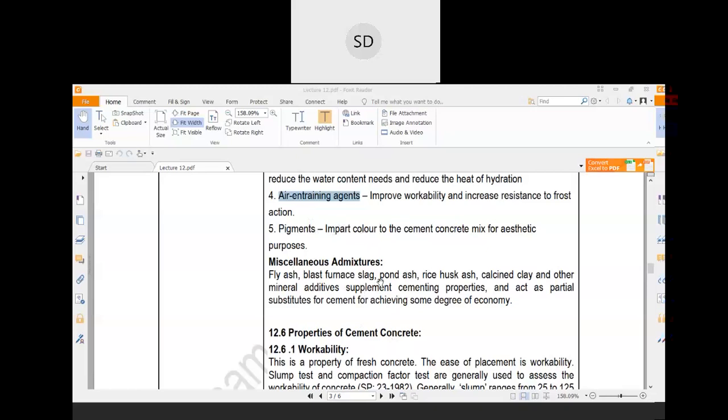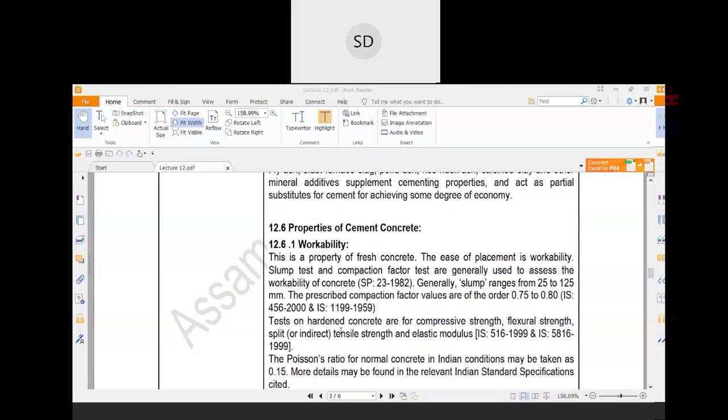There are different research works going on and already available. In that research work, they have mentioned how much of this type of admixture can be replaced in the cement mass so that sufficient strength could be achieved.